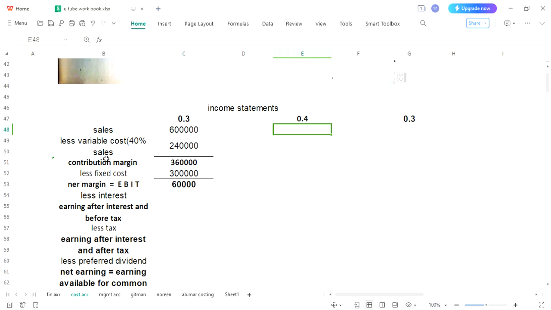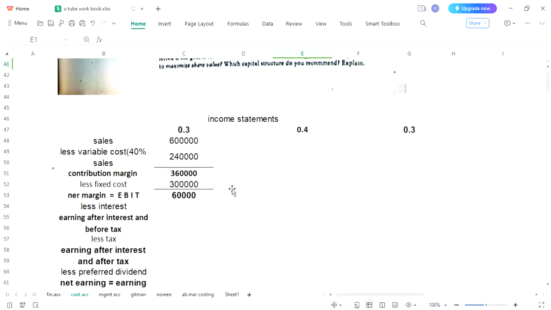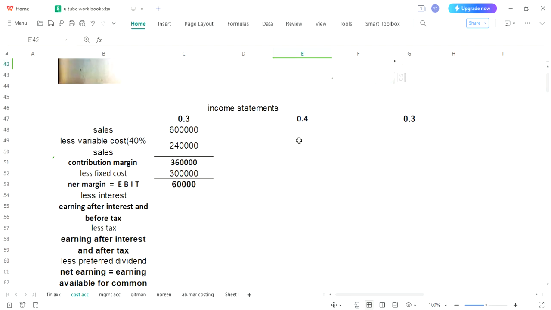This was your first part which we have calculated, and now in a similar way we are going to calculate EBIT for the second option, 0.4 probability, 40% chance. So with 40% chance we will sell up to 9 lakh. Just put sales as 9 lakh, and this 9 lakh would let us calculate our variable cost, since it has been given in your question that 40% of sale would be your variable cost.